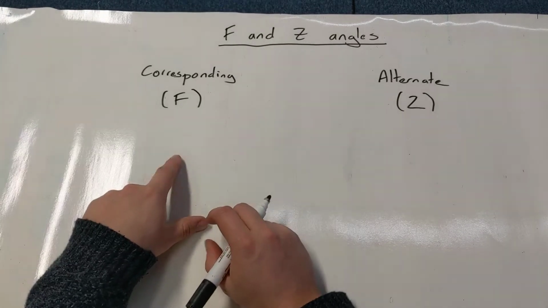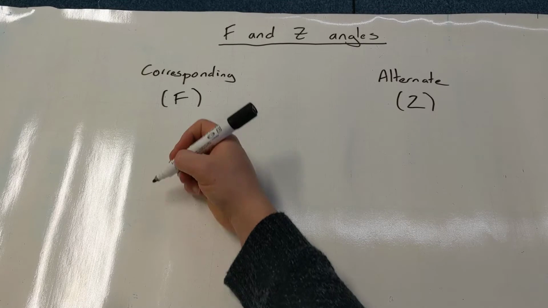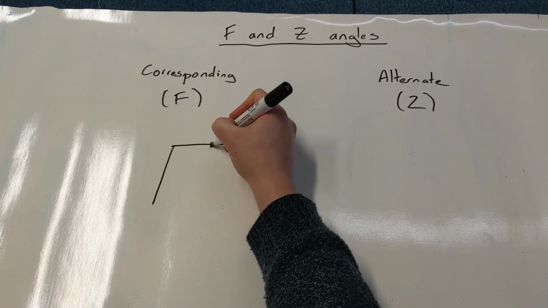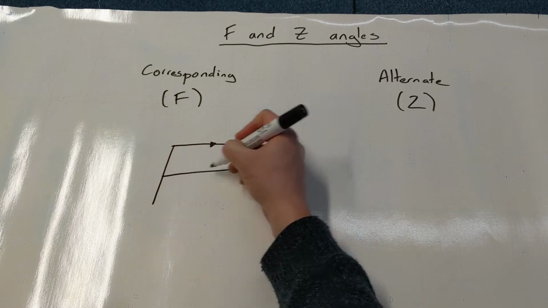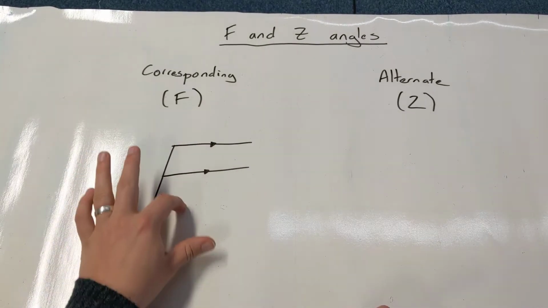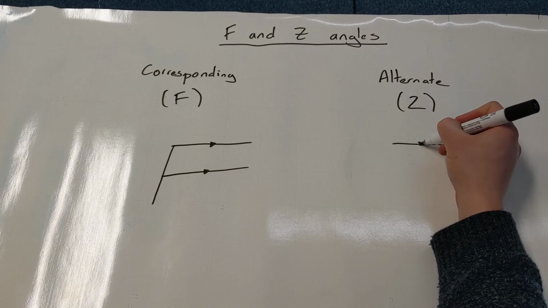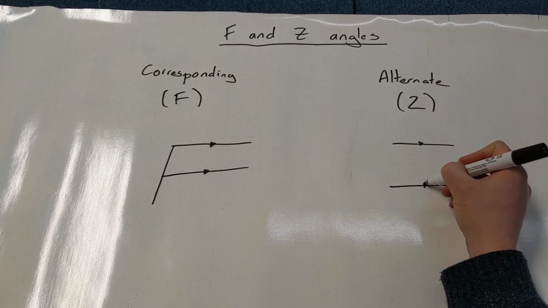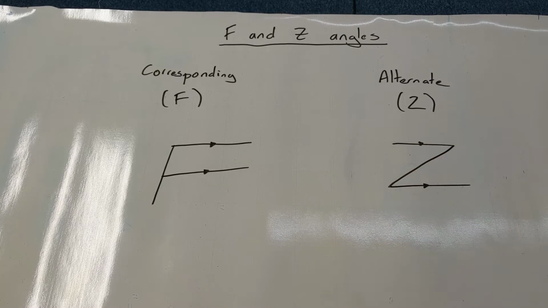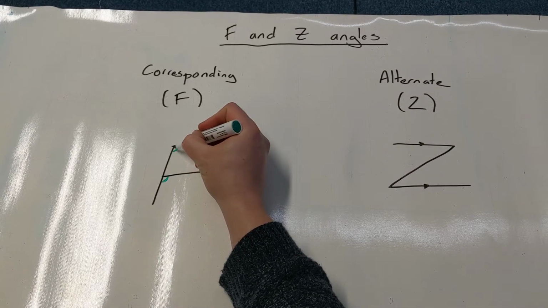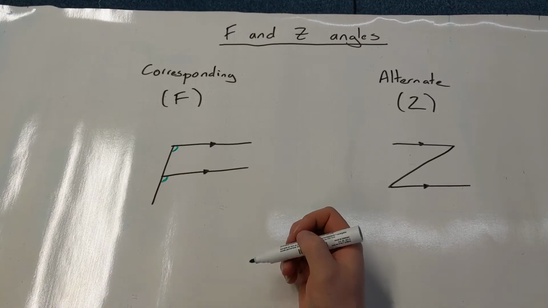So, corresponding angles is when we've got a setup that looks like this, where we've got two parallel lines like this, and it looks like an F. And then for alternate ones, it's where we've got two parallel lines like this, and it looks like a Z. And the rule is that the angles inside the corresponding angle, they are the same.